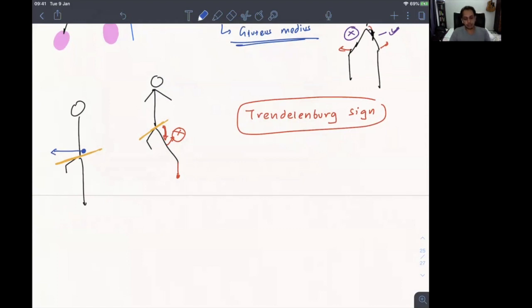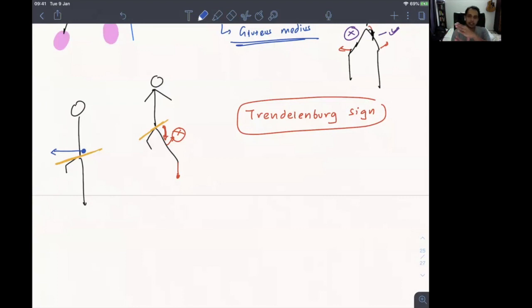So now the center of gravity will shift towards the side where your leg is raised. So in order to compensate for that, the person will move his body to the opposite side. So he will sway his body towards the side of the weakness just to make the pelvis horizontal again.